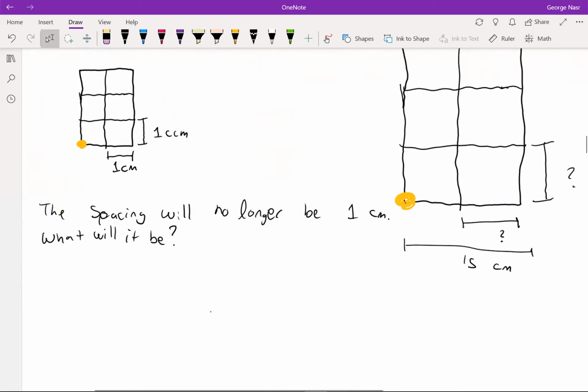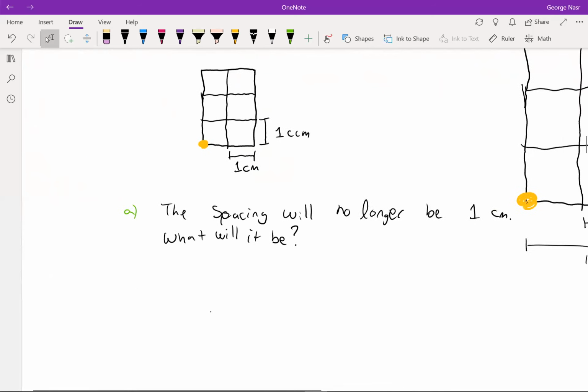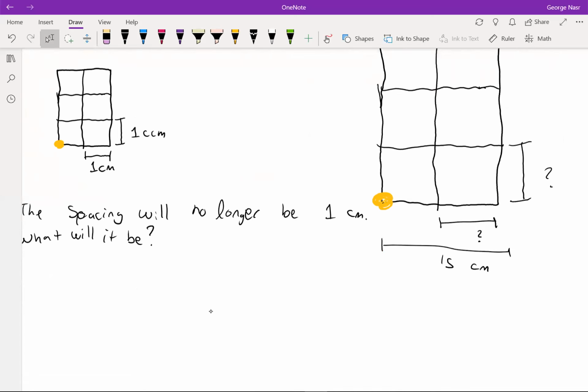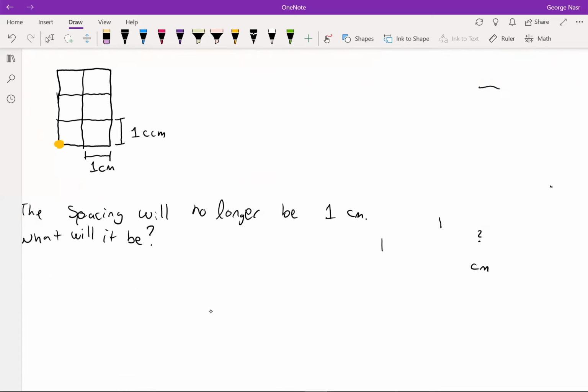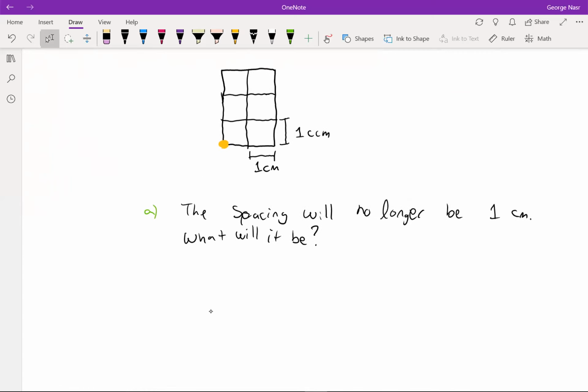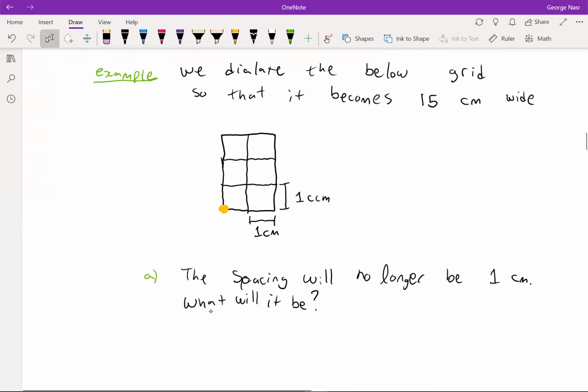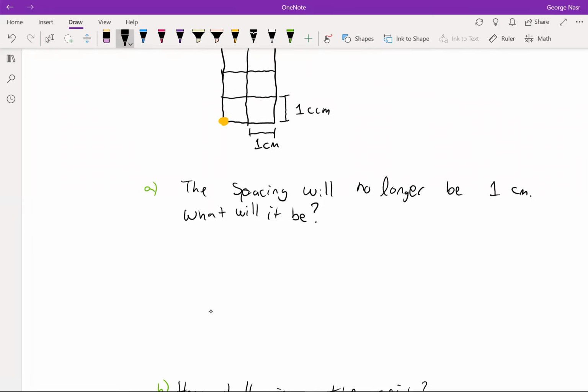How wide are these boxes now? That's what the question is asking. Okay? So notice the current width without dilation is 2 centimeters, right?